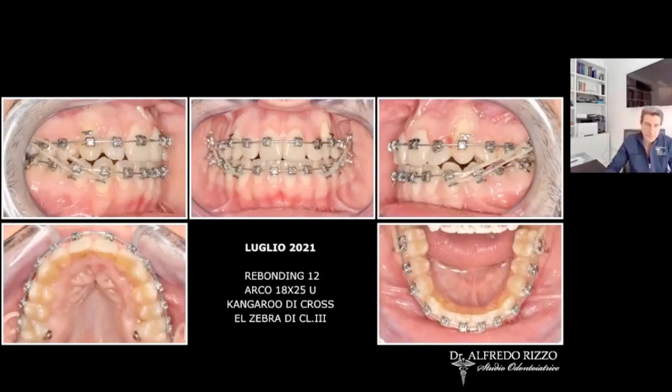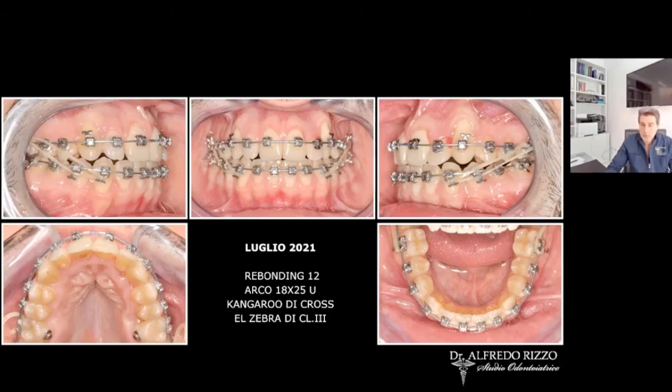Now we are in July 2021. I can see a very good expansion. I have rebonded bracket 1-2 because I'm not happy with its position and I want to achieve perfection here. I have replaced the upper arch wire. Now it is a copper nitride 0.18 over 0.25 arch wire.